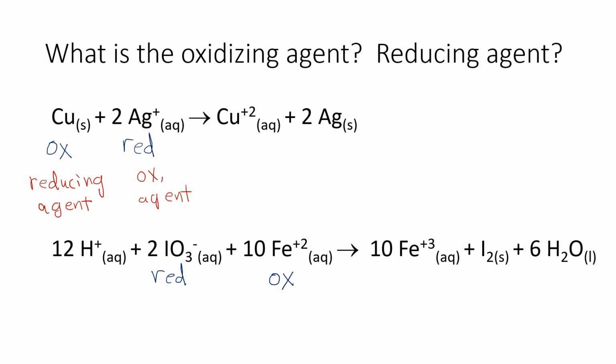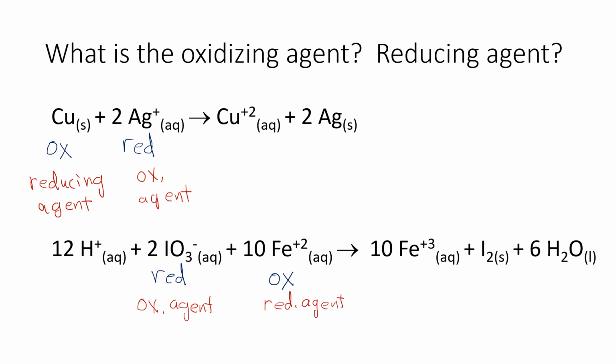In the second reaction, iodate is the chemical that got reduced, which makes it our oxidizing agent. And then iron ion is the chemical that got oxidized, so that makes it our reducing agent.